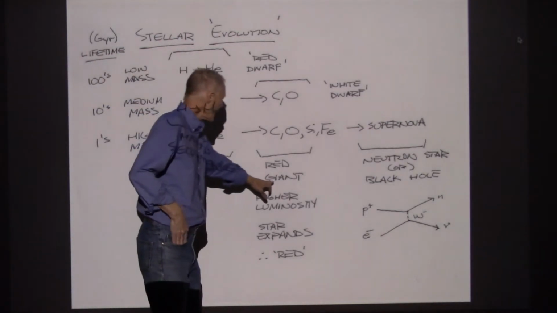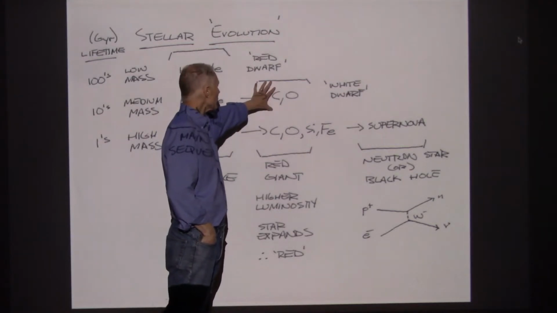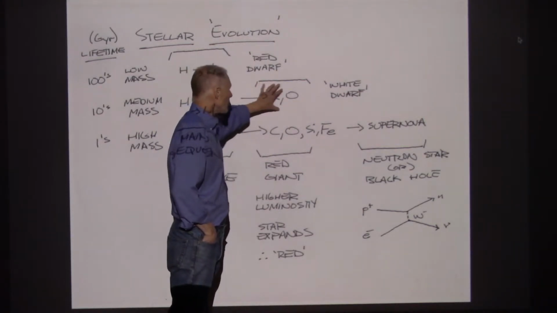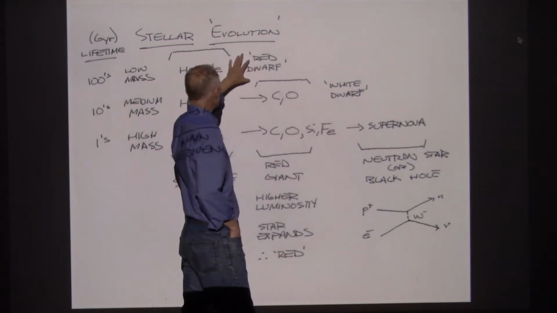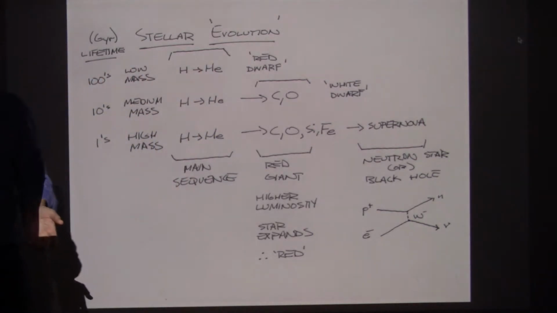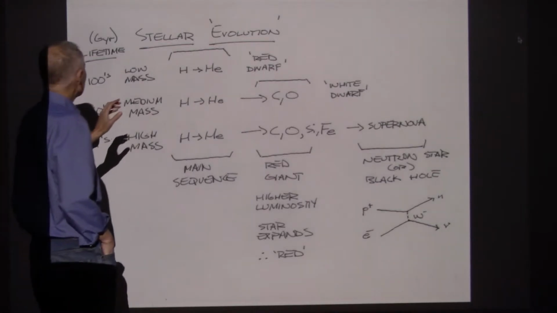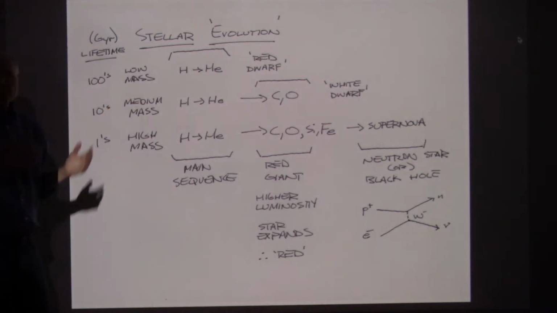Now, the red giant part of the HR diagram consists of stars that are fusing, say, carbon into oxygen or into silicon and iron. Now, the low mass stars, they're never going to have temperatures high enough in the core to fuse helium. So all they have is the hydrogen to helium stage, and then the fusion shuts down.